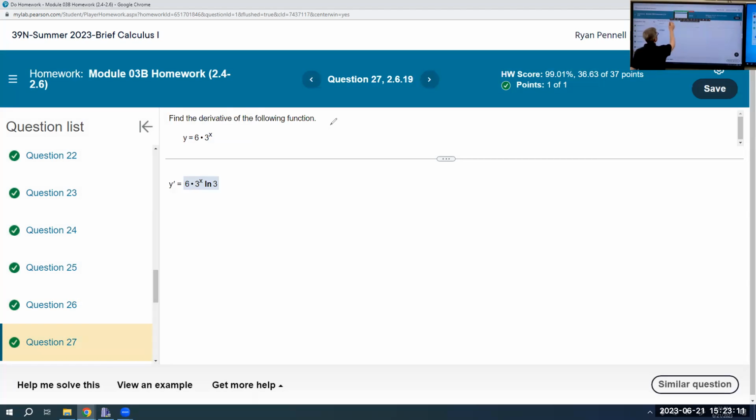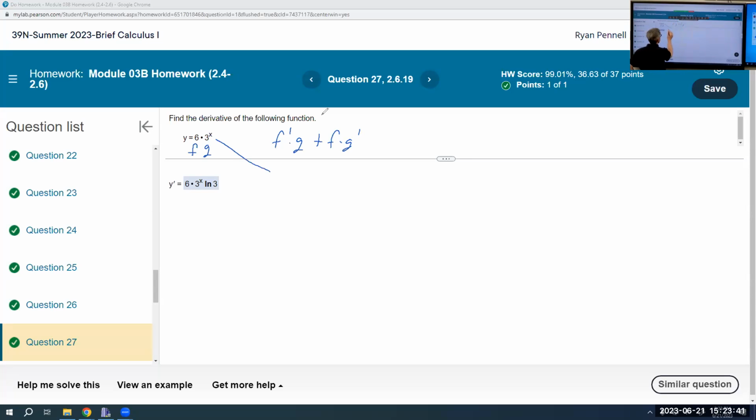All right, what about this? So here, well, we could treat it like product rule, but 6 doesn't even have a variable. So, I mean, we can say, oh, well, that's f and that's g. So f prime times g plus f times g prime, but f prime is just 0.